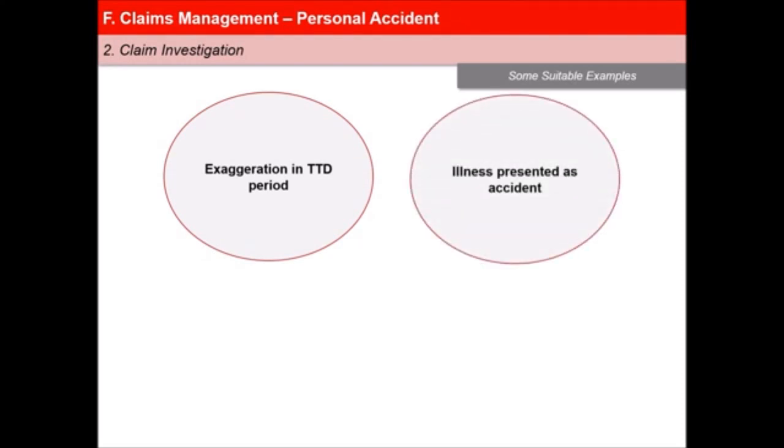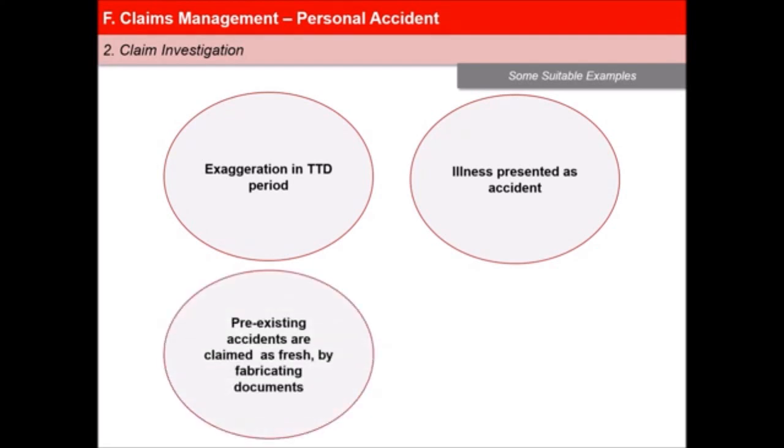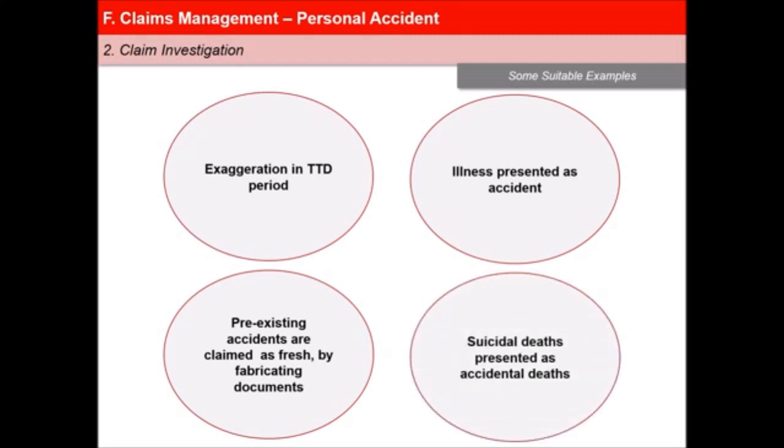Example, backache due to pathological reasons converted into a PA claim after reported fall or slip at home. Pre-existing accidents are claimed as fresh by fabricating documents. Natural death presented as accidental case or pre-existing morbidity leading to death after accident. Suicidal deaths presented as accidental deaths.